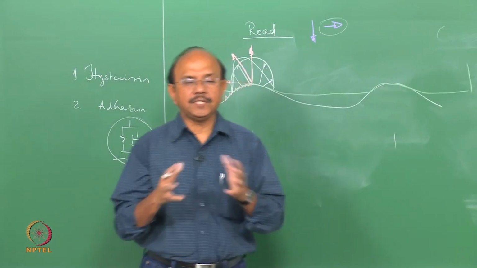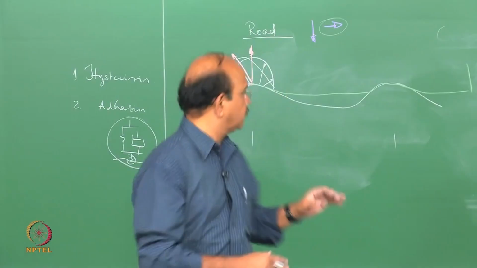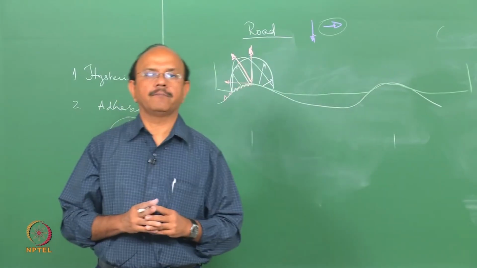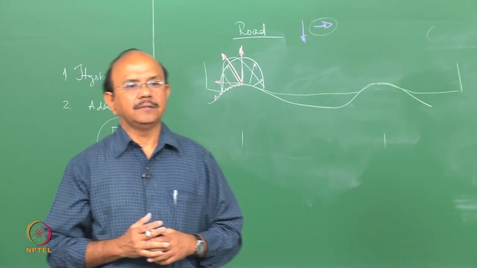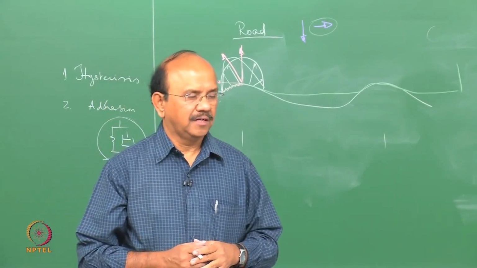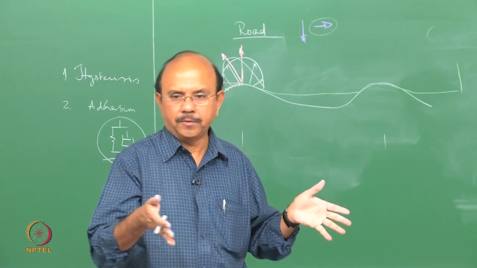So the frequency of loading, unloading, because of this kind of macro pieces, depends upon the velocity of sliding and is given by simple V by D, the distance between the two.